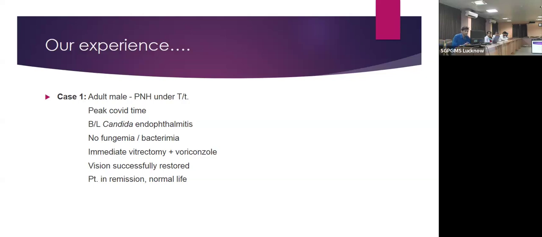It came out as Candida albicans, and vision was restored. The patient is leading a normal life at present. Our treatment was immediate vitrectomy along with intravitreal and systemic voriconazole.